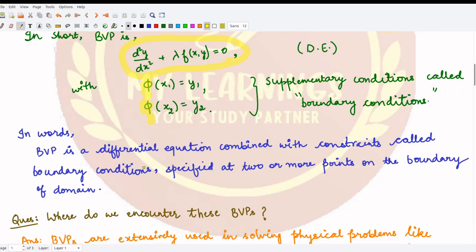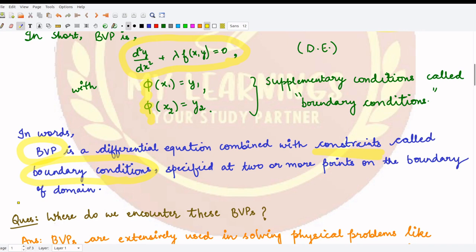So now we have two constraints, and the differential equation together with these boundary conditions specified at 2 or more points on the boundary is known as a boundary value problem.